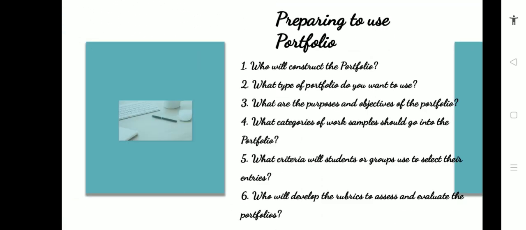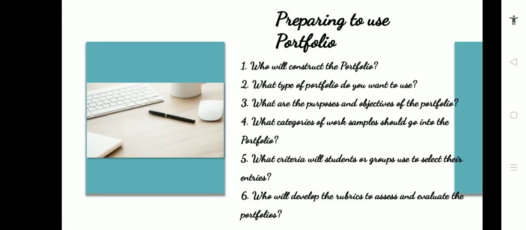I have here the list of how to prepare and use portfolio. These questions can be your guide in preparing to use portfolio. The first one is, who will construct a portfolio? The second one is, what type of portfolio do you want to use?